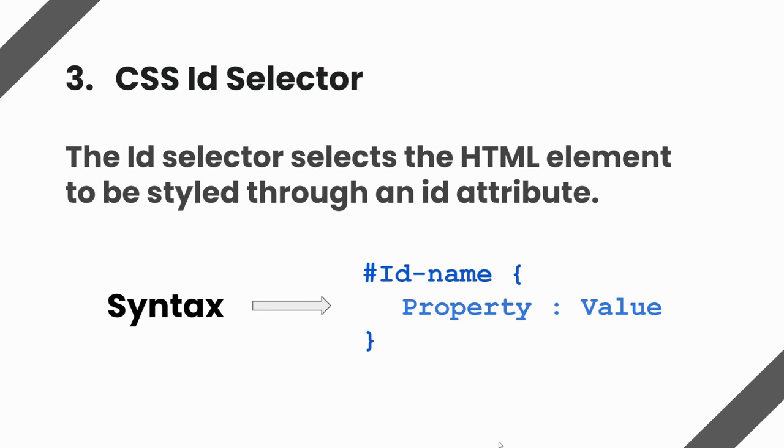The ID name is declared in the HTML document, within the element's tag. You assign the ID attribute a name in the HTML document, and then you come back to your external CSS file to declare the ID name to be styled with the hashtag.